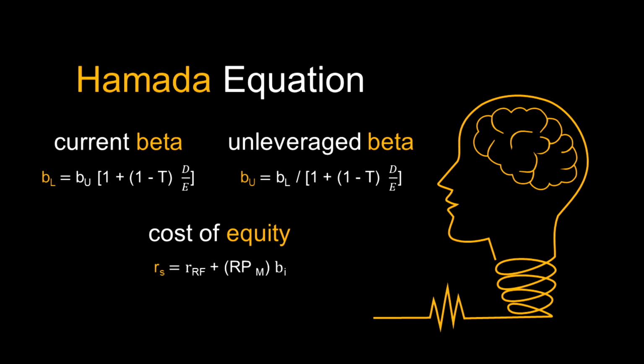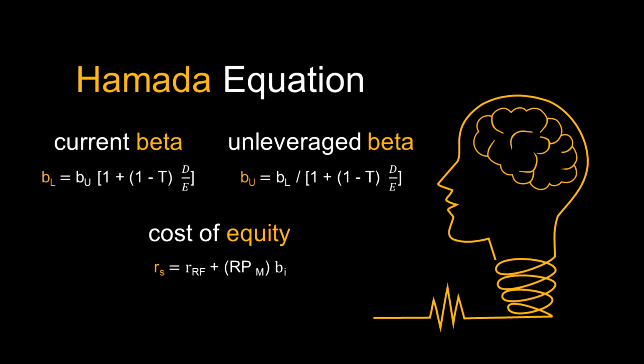It is hard to quantify leverage's effects on the cost of equity, but a theoretical formula can help measure the effect. The Hamada equation includes the current beta, which is B sub L is equal to B sub U times 1 plus 1 minus T times D over E. B sub U is the unleveraged beta, or when the debt is 0.